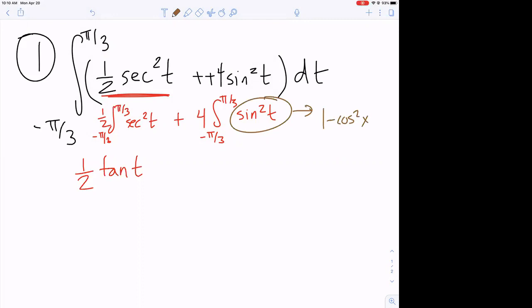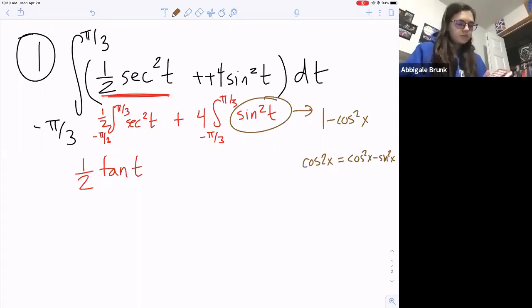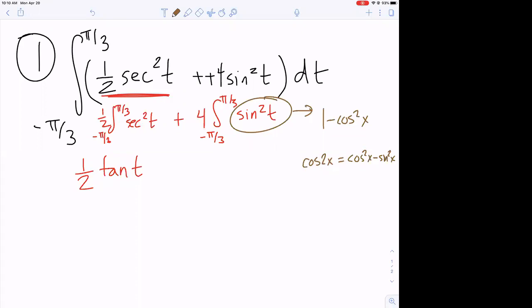But then we actually know cosine 2x is equal to cosine squared x minus sine squared. And so then, hang on. Oh, this is gross. Sorry, friends.